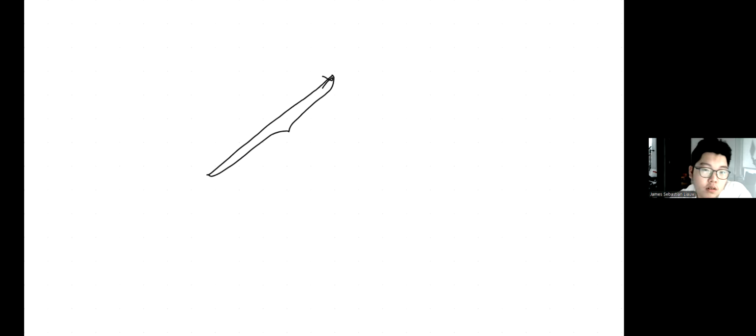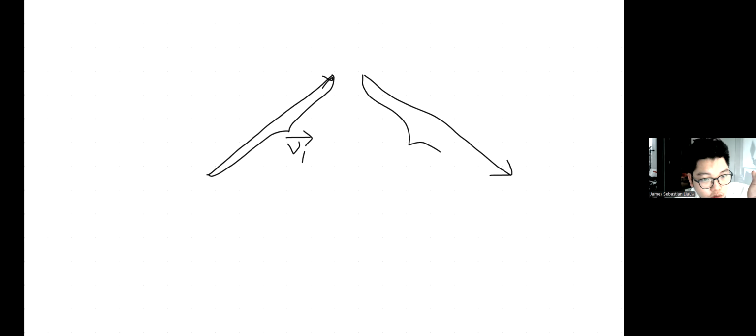The direction of a vector really matters because say we have a vector v1 like so, and then we have another vector like this, and let's call this v2 like so.